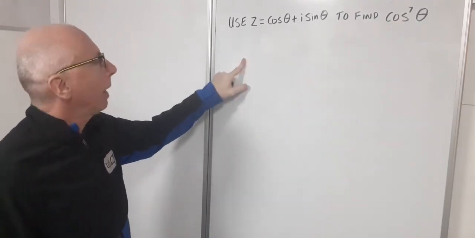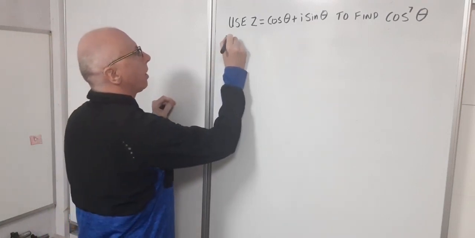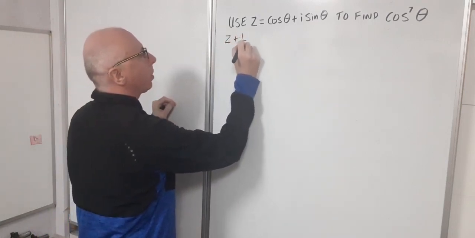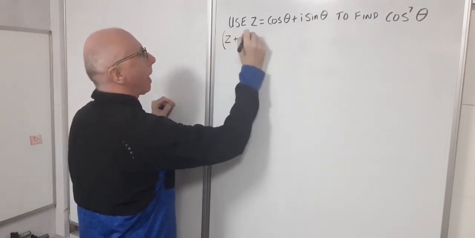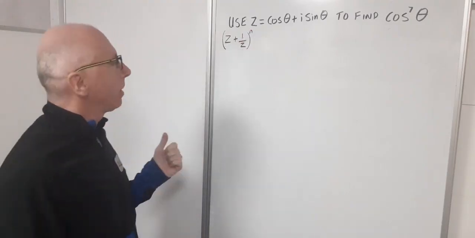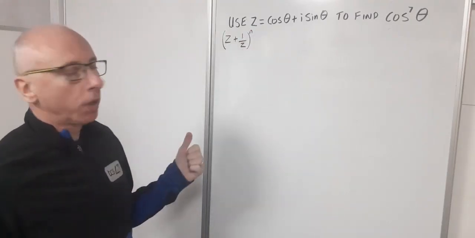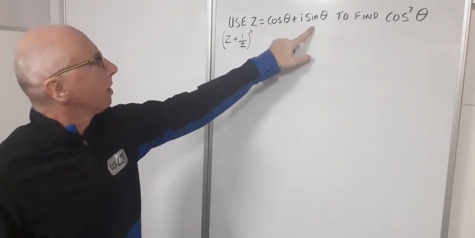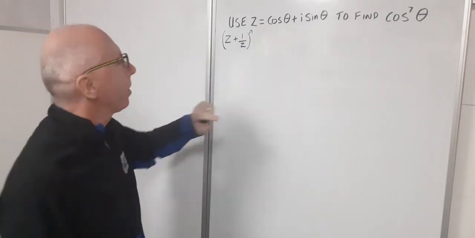So the way to go about this is use this kind of formula here, z plus 1 over z to the power of n, and let's see where that takes us. So first of all, we've got what z is. z is cosine theta plus i sine theta.